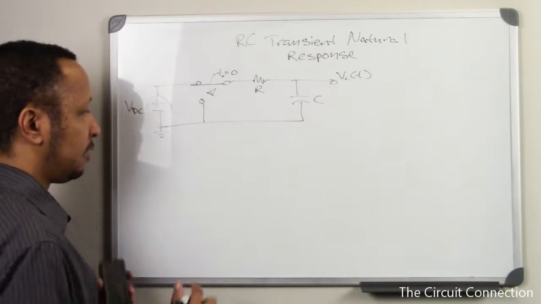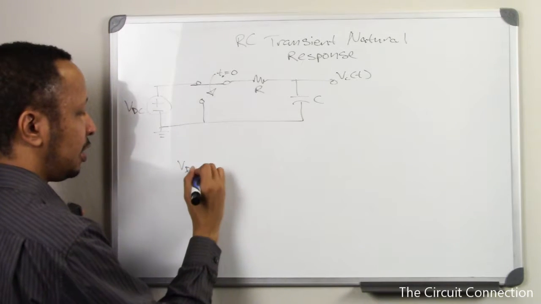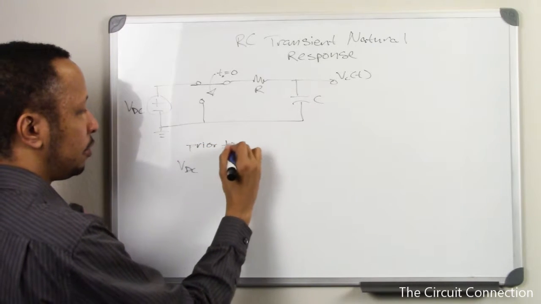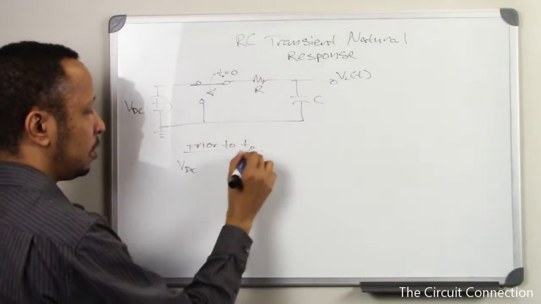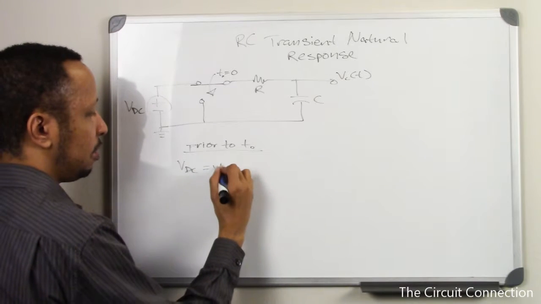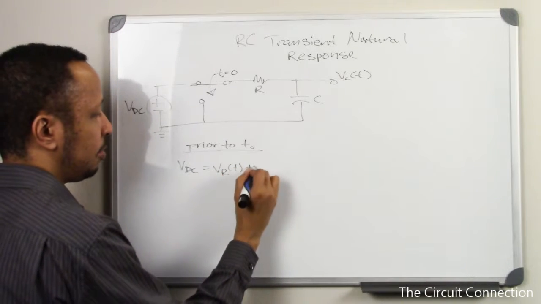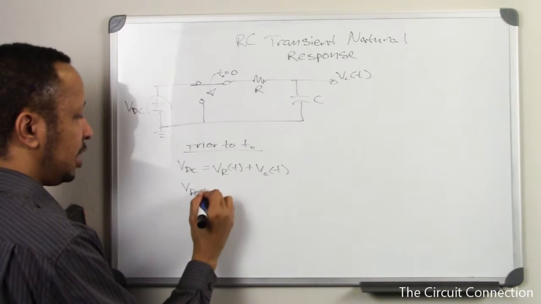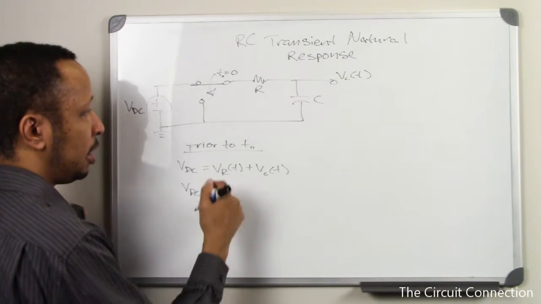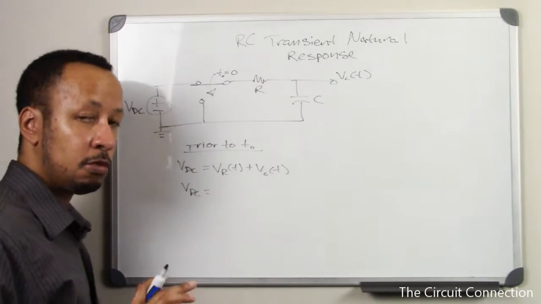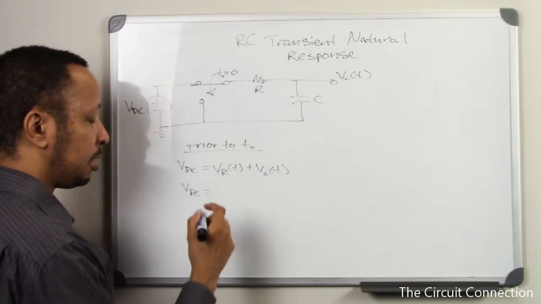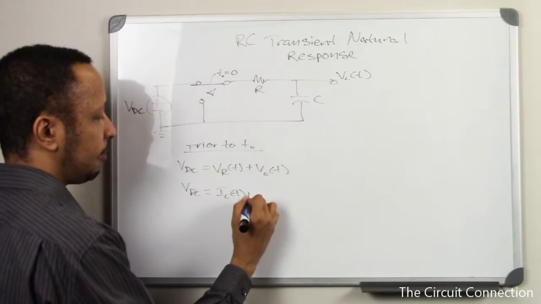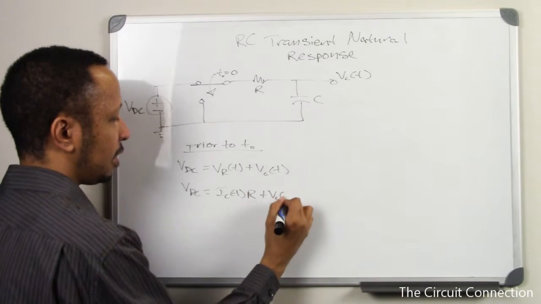Now with that being the case, prior to t sub 0, VDC equals VR of t plus Vc of t. VDC also equals what? Since the current going through the resistor is the same as the current going through the capacitor, we're going to say IC of t times R plus Vc of t.